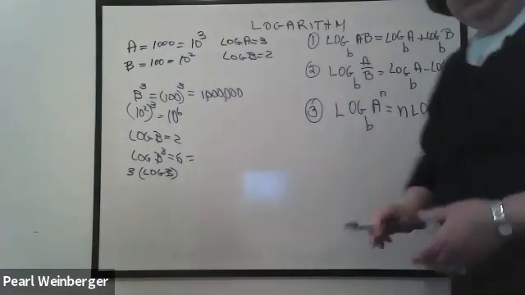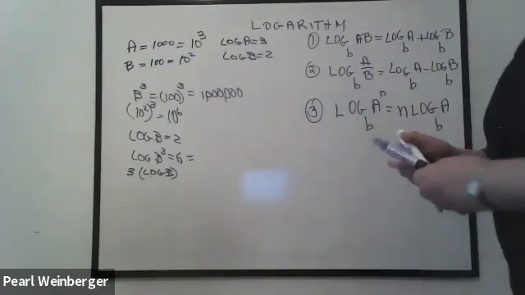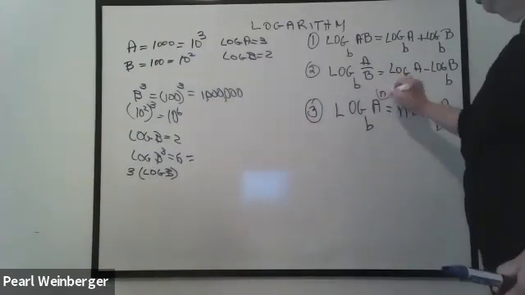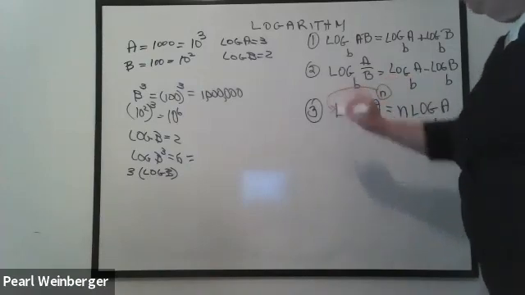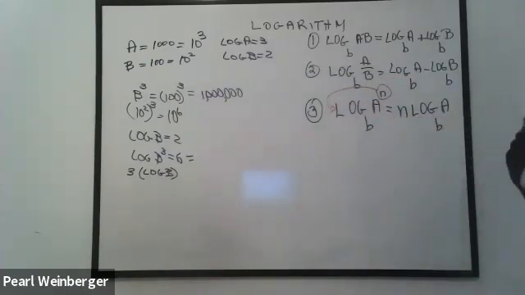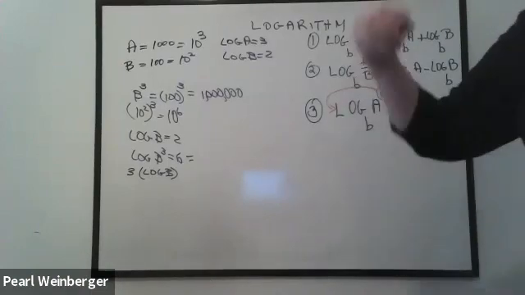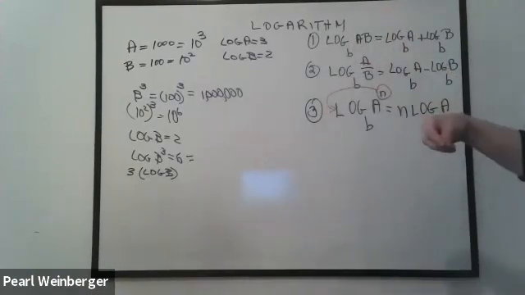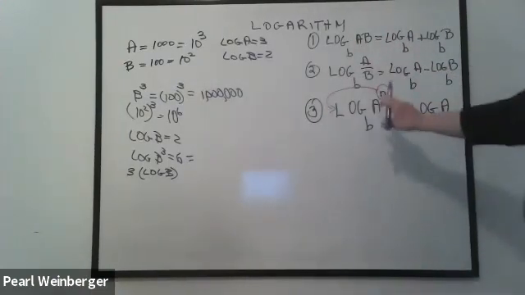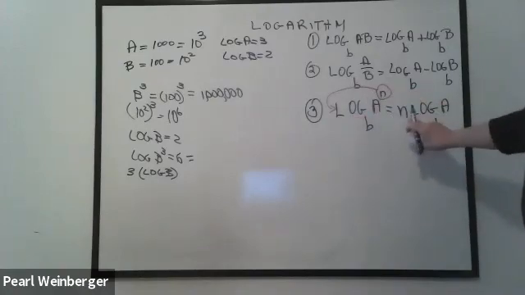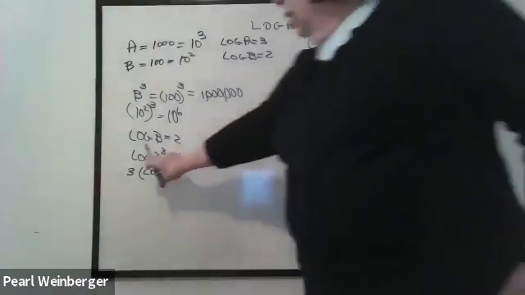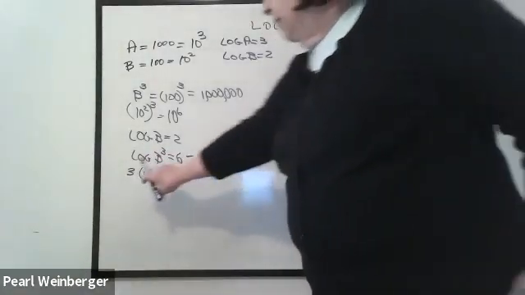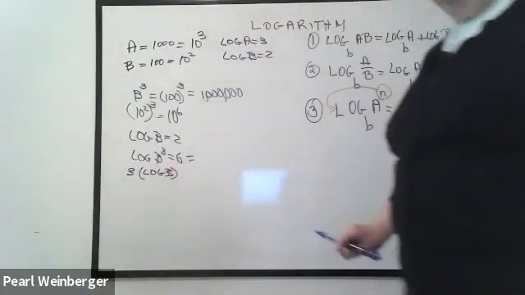In other words, our exponent moves from being an exponent to becoming a coefficient. That only happens when you're dealing with logs. Exponents become coefficients. So log a to the n becomes n log a, just like log b to the third became 3 times log b.